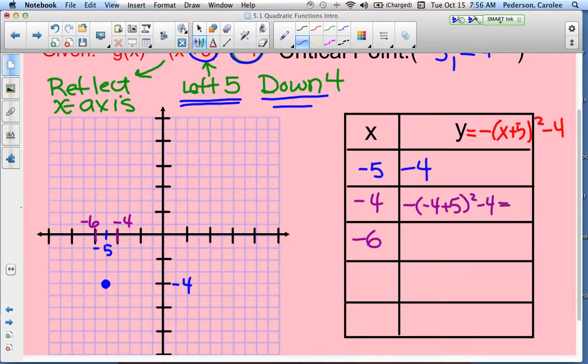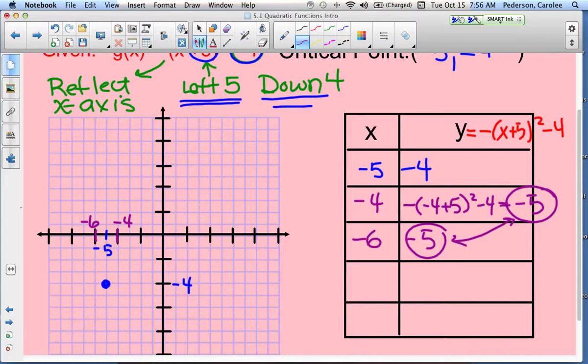And we would simplify this. Negative 4 plus 5 is 1. Squared is 1. We have a negative in front. So negative 1 minus 4 is negative 5. What happens every time is when you move one right and one left, you're going to get the same answer here and there. If you wanted to evaluate it for negative 6, you definitely can.